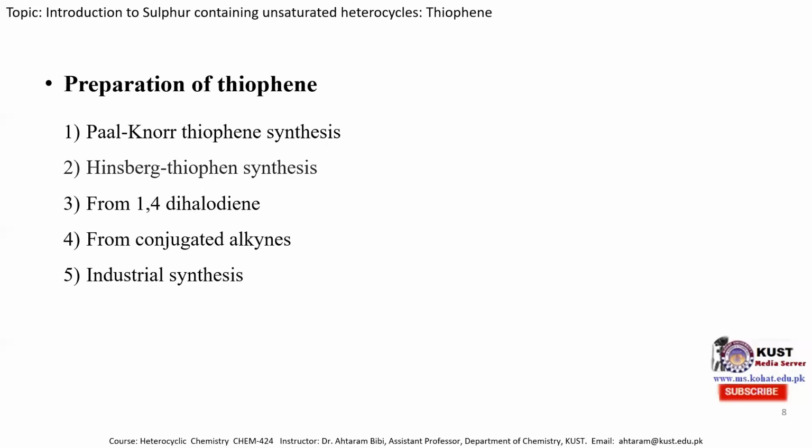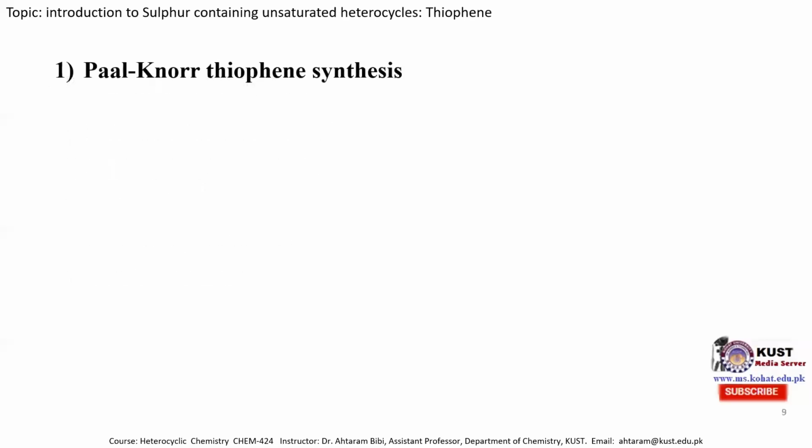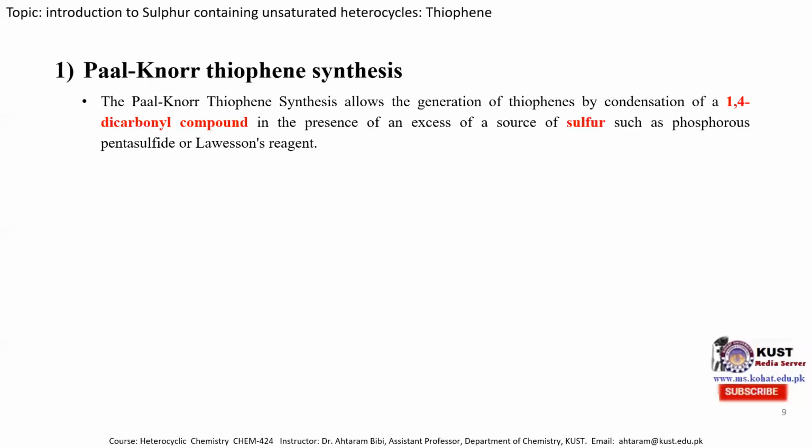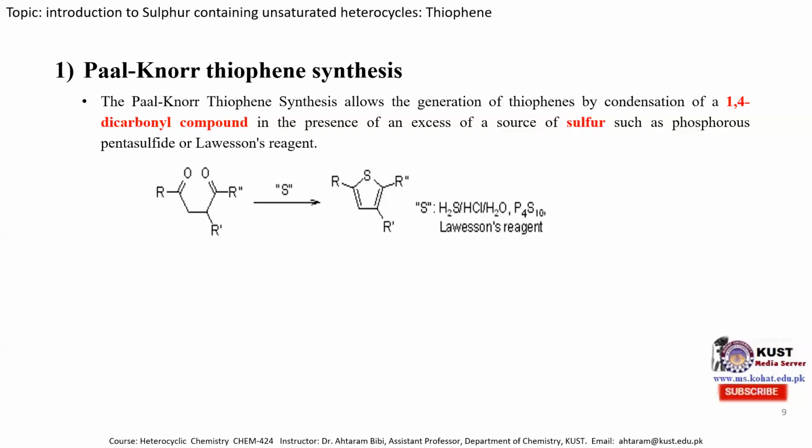Starting with the Paal-Knorr thiophene synthesis: it allows the generation of thiophenes by condensation of a 1,4-dicarbonyl compound in the presence of an excess of a source of sulfur such as phosphorus pentasulfide or Lawesson's reagent. This is the 1,4-dicarbonyl compound, positions 1, 2, 3, and 4.